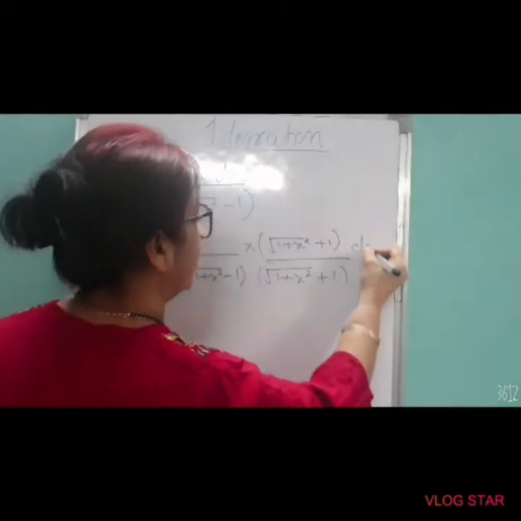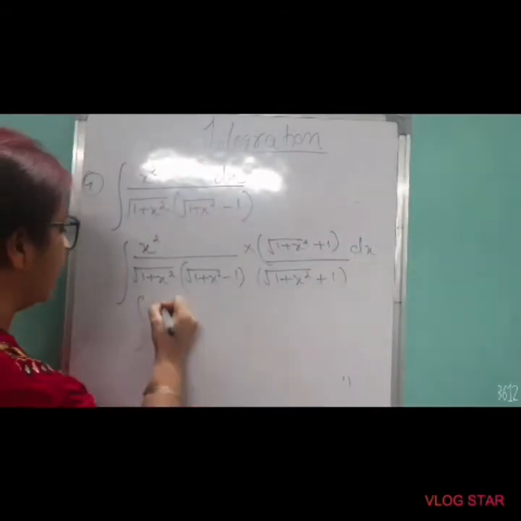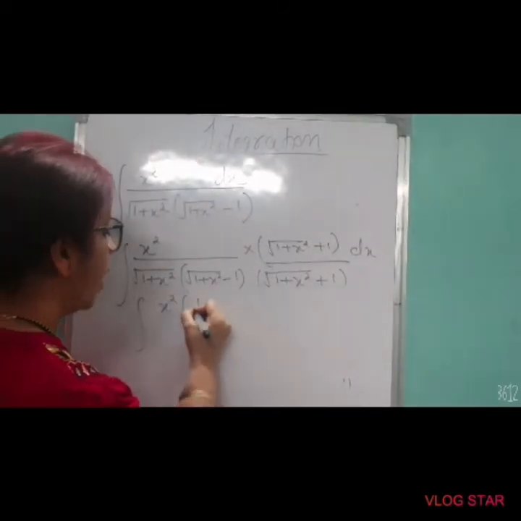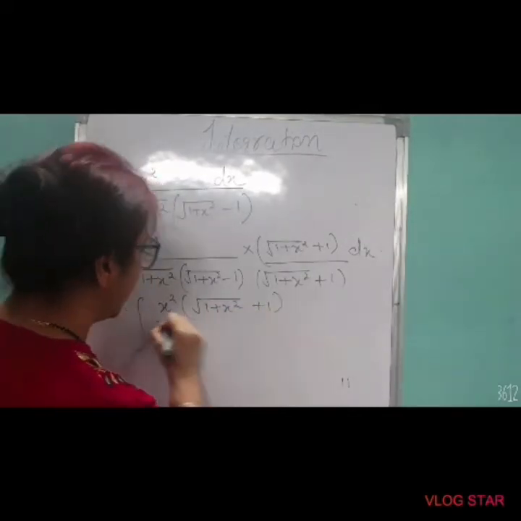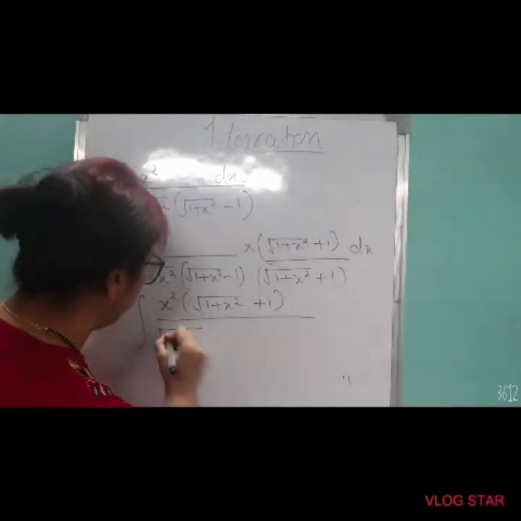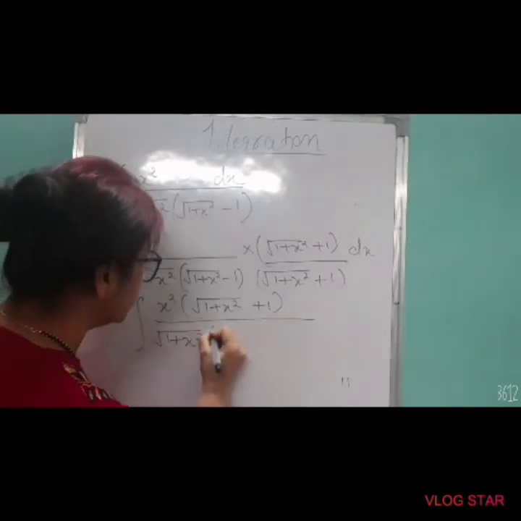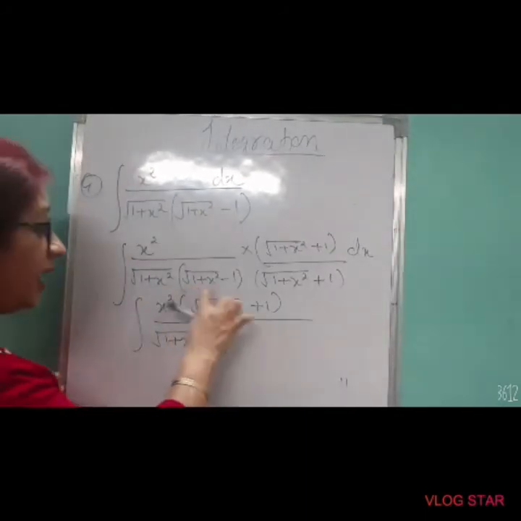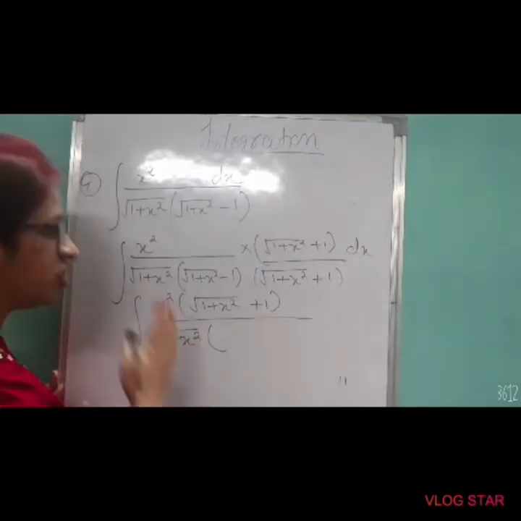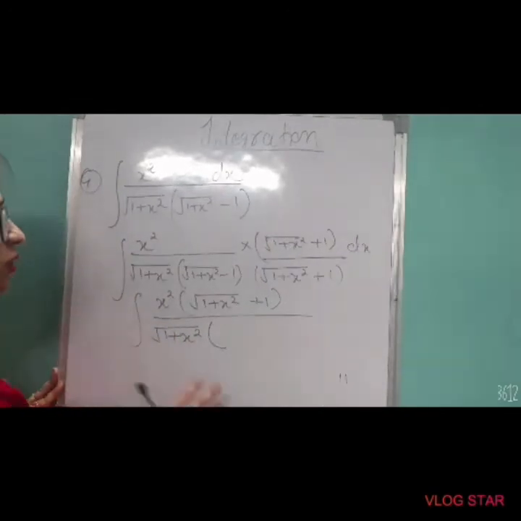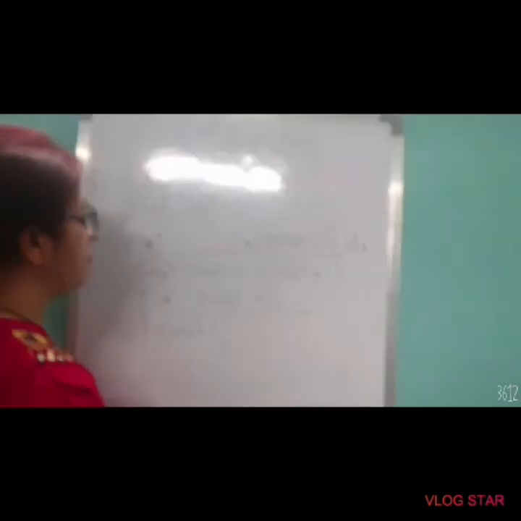So simple. Now we will check it. x square, under root of 1 plus x square plus 1, by under root of 1 plus x square as it is. Here a minus b into a plus b. You know about rationalization, in the denominator we always use the same formula, a square minus b square.